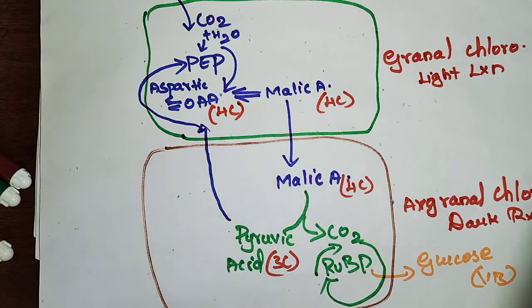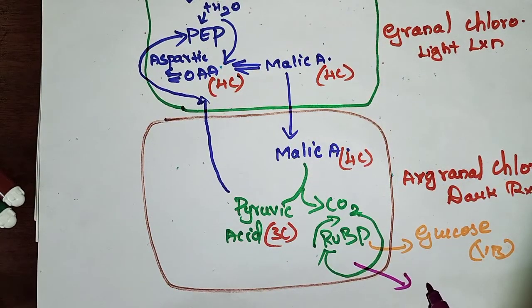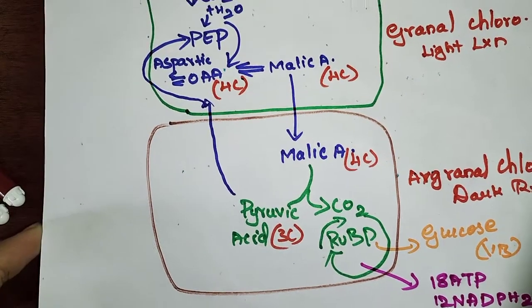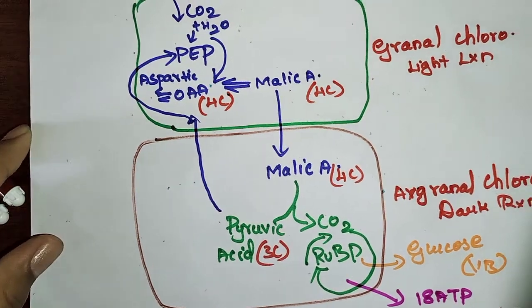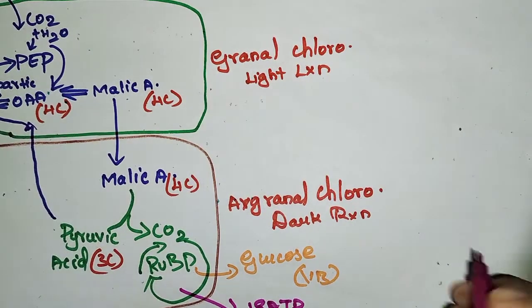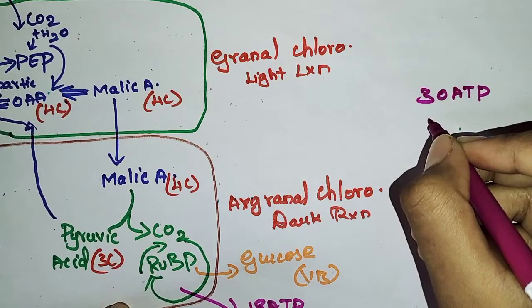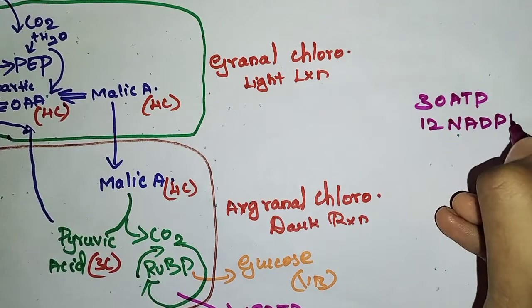See, in C3 cycle, for one glucose molecule, we use 18 ATP and 12 NADPH2. Correct? Okay. Then, but total ATP and NADPH2 used in the C4 cycle is 30 ATP and 12 NADPH2.